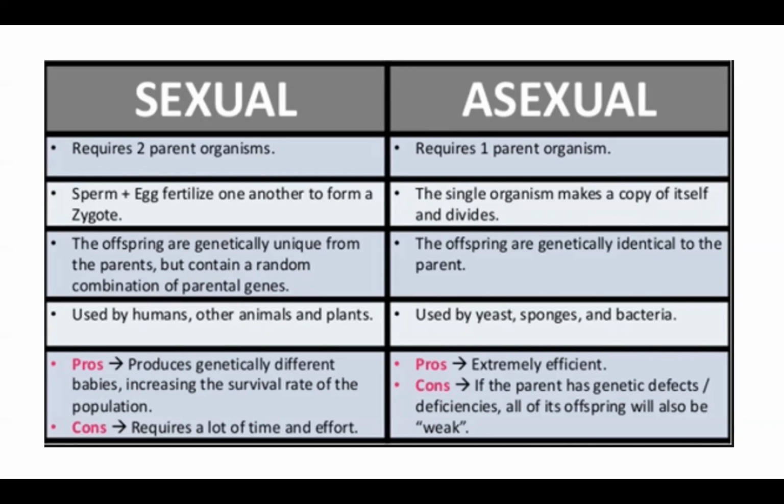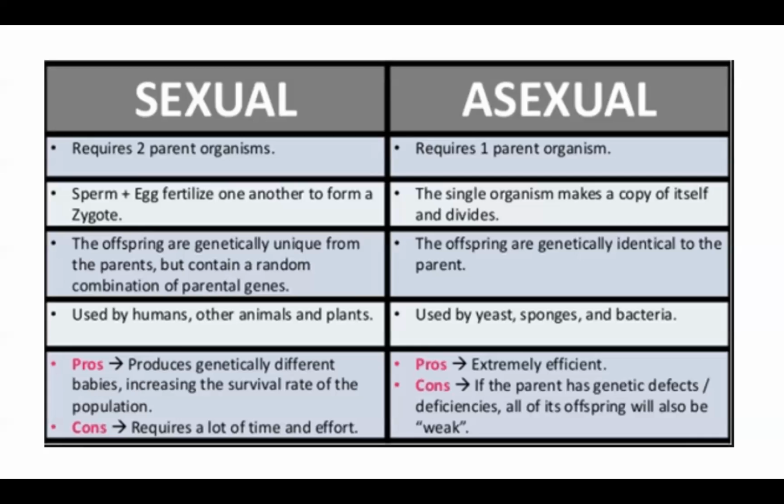Asexual reproduction, we said, only requires one parent organism. A single organism basically makes a copy of itself and then divides. The offspring that are generated are genetically identical to the parent.